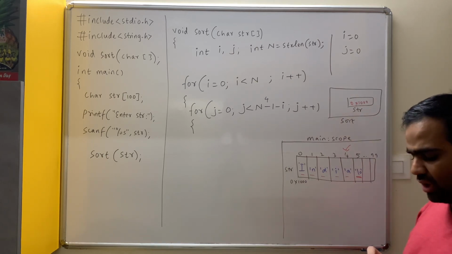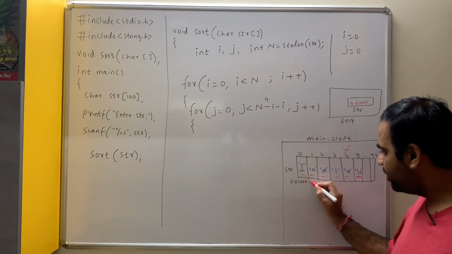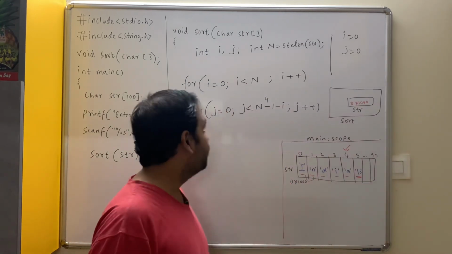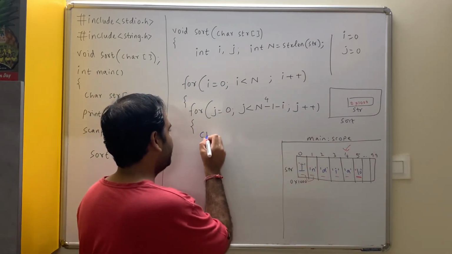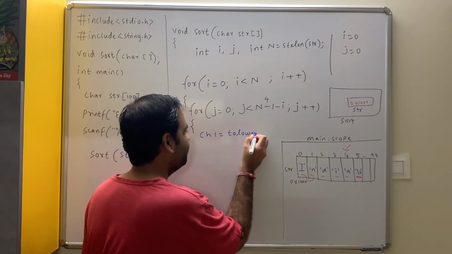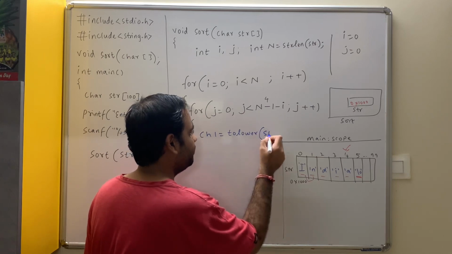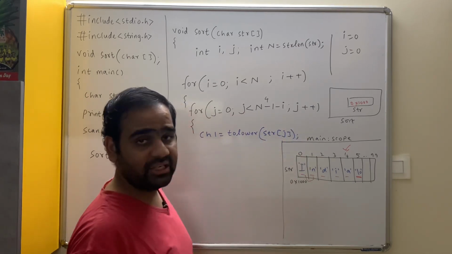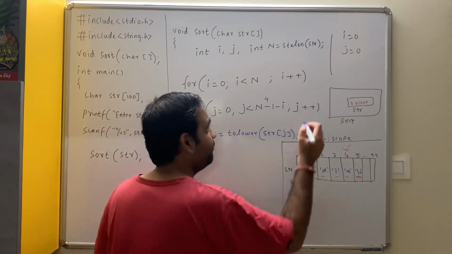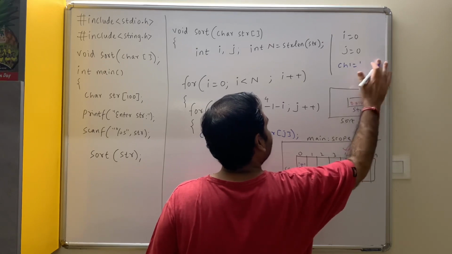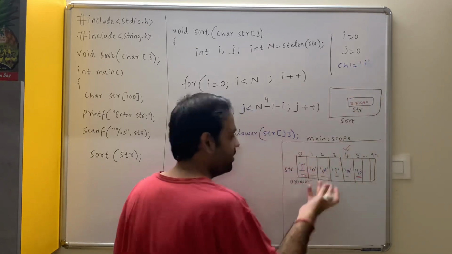Now, I need to compare 2 neighbors by ignoring the case. Therefore, what do we do? We lower the case here. How do I lower it? I say ch1 is equal to tolower of str of j. Now, what is j? The value of j is 0 and str of 0 is I. Therefore, the value of ch1 will be lowercase i, because I need to ignore the case.